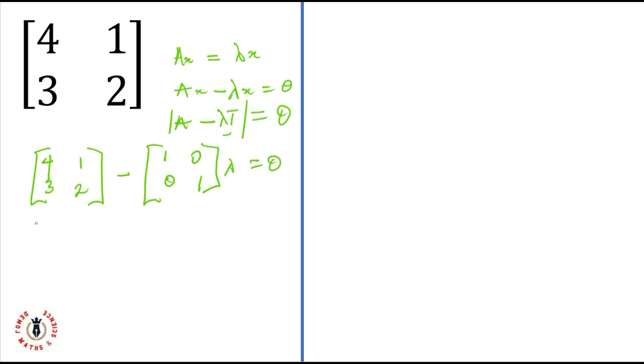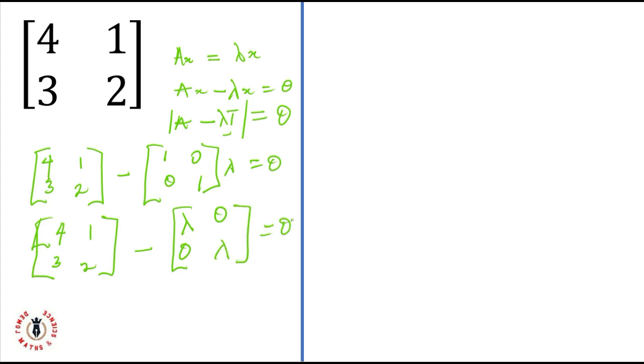So this can now be written as 4, 3, 1, 2 minus lambda, 0, 0, lambda.